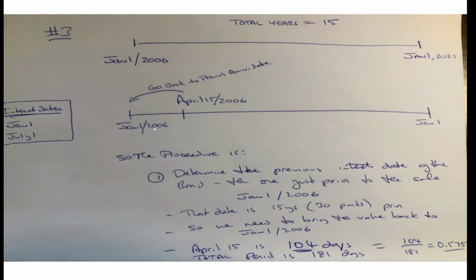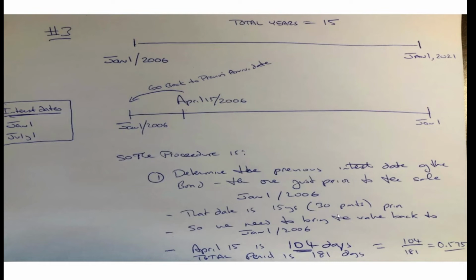So what we need to do in terms of the procedure here, and all I worry about here is the procedure, we got to determine the previous interest date of the bond, which was January 1st, 2006. So that date is really 15 years prior to the end date, which is January 1st, 2021. So 15 years constitutes 30 interest periods, because it's 2 interest periods per year.